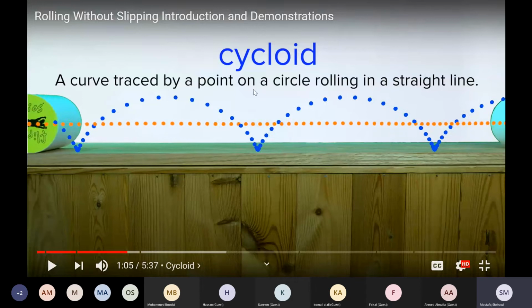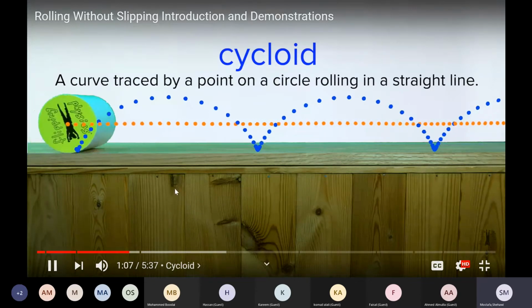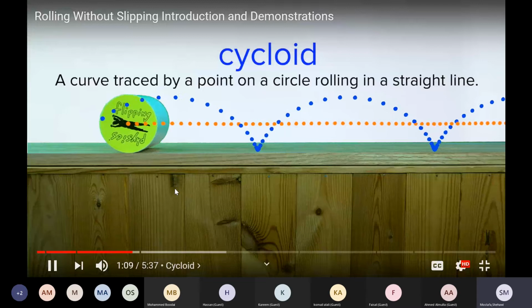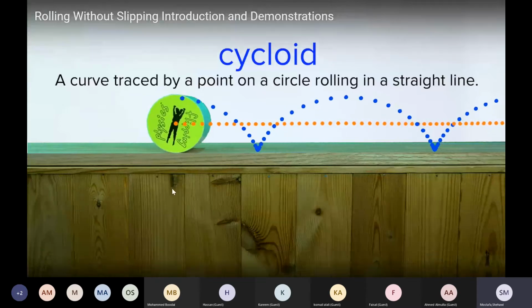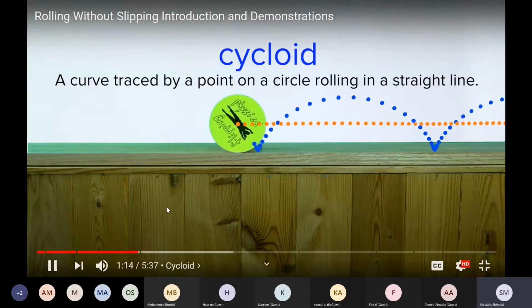So this cylinder is rolling on a straight line without slipping, and it will produce a cycloid. Absolutely, the blue dot is tracing out a cycloid. I actually think that looks pretty cool.